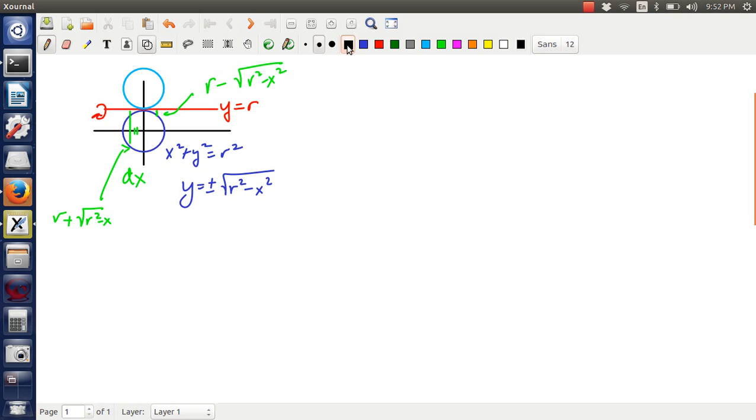Let's call it S equals S1 plus S2, since they're surface area questions. Let S1 be the integral of 2 pi times r, since the surface area of a cylinder is 2 pi r times dx, right?